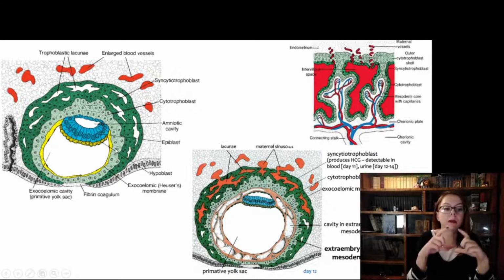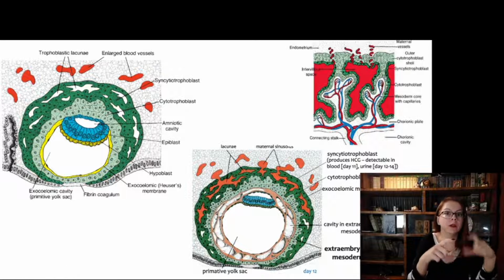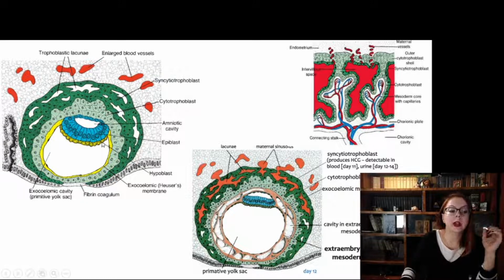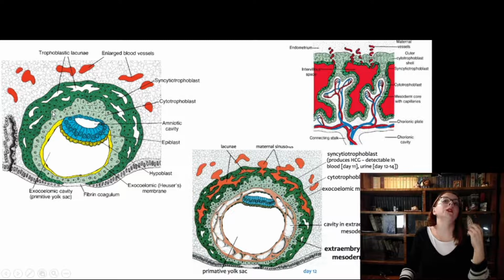So you remember that the embryo at this stage of development is represented by the outer cell mass or the trophoblast. It is of green color here, and the embryoblast or the inner cell mass. And the embryoblast splits into two, the epiblast and the hypoblast. And the trophoblast is also represented by two layers.